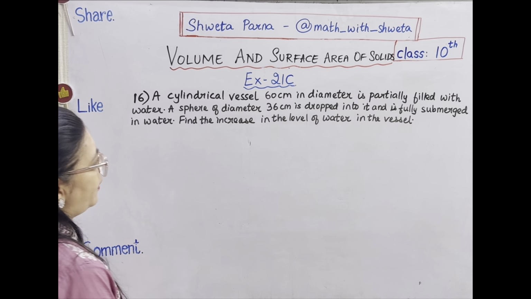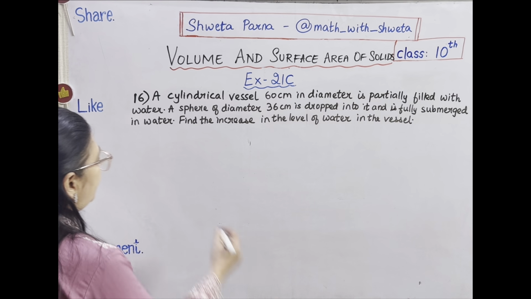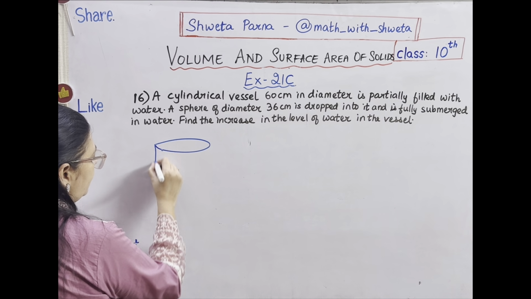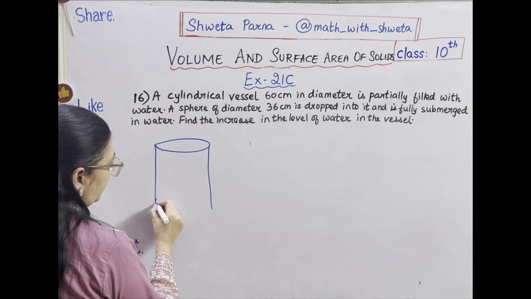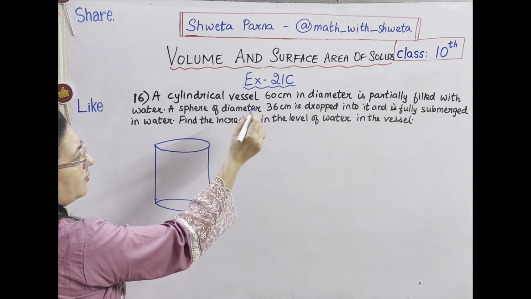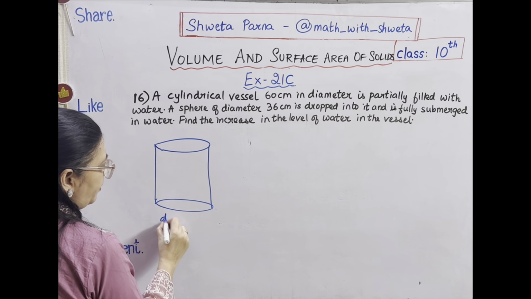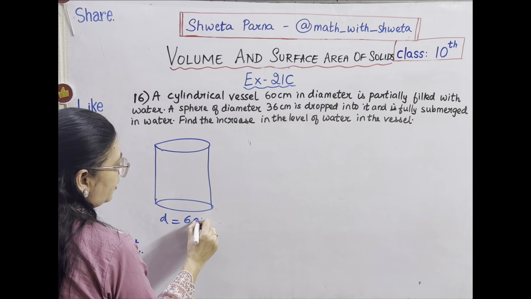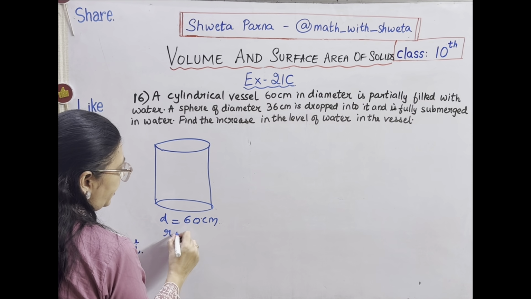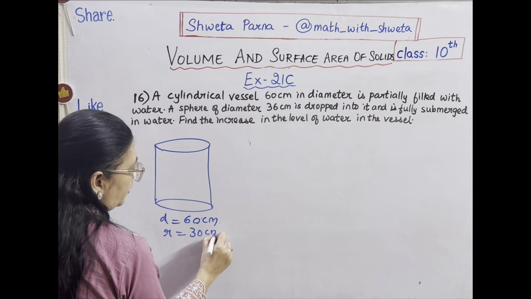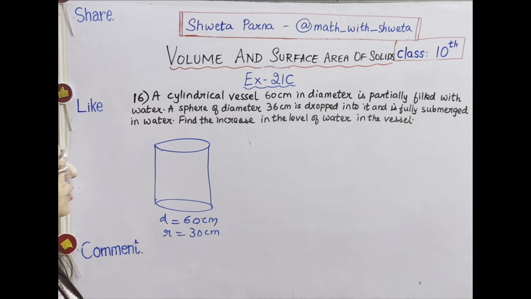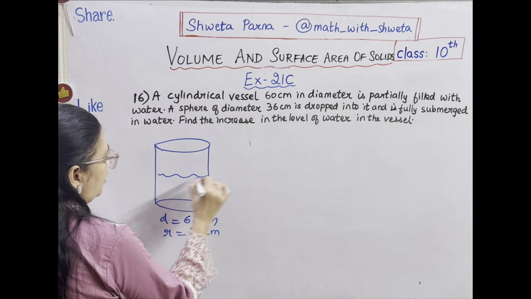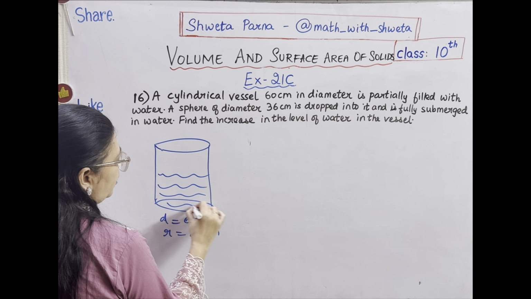A cylindrical vessel which is 60 centimeter in diameter. Let's take a cylindrical vessel. This is 60 centimeter in diameter. So that means the radius would be 30 centimeter, half of it. It is partially filled with water, till here it is filled with water.